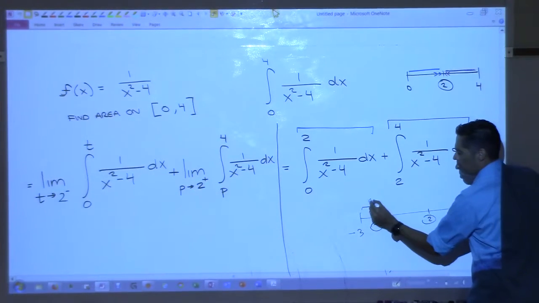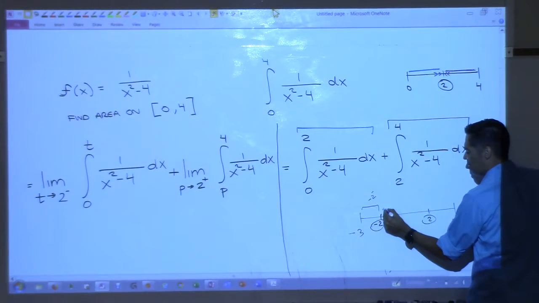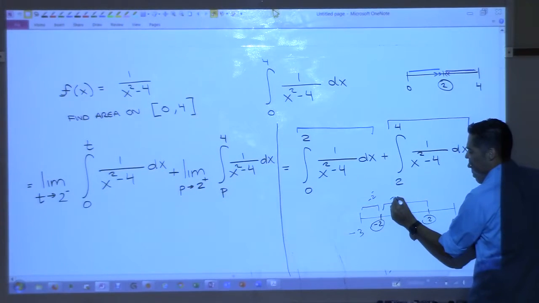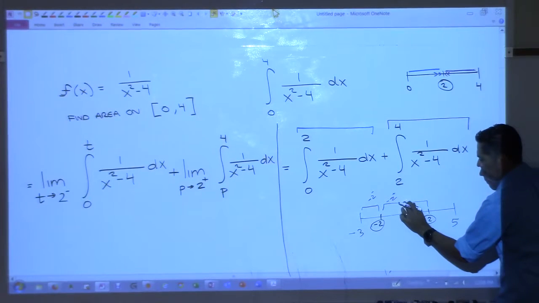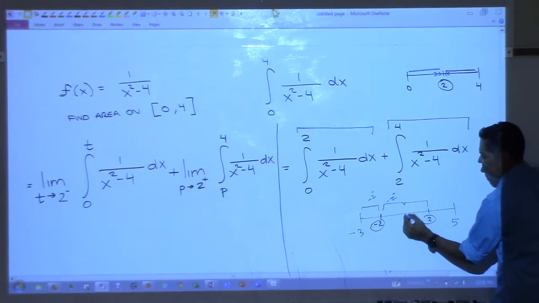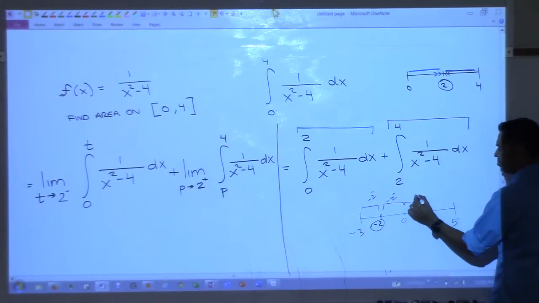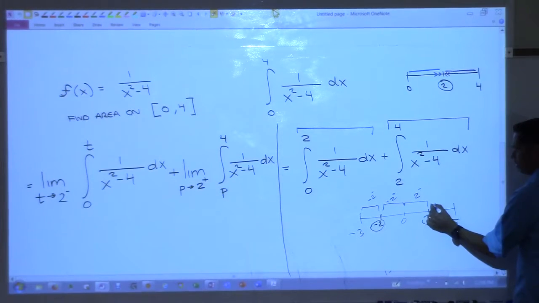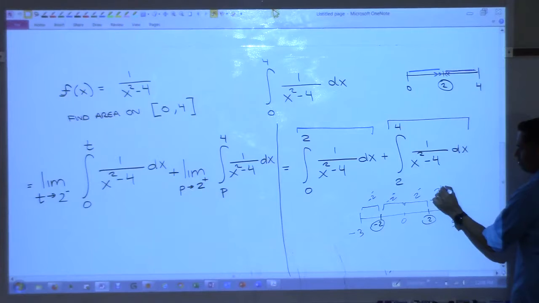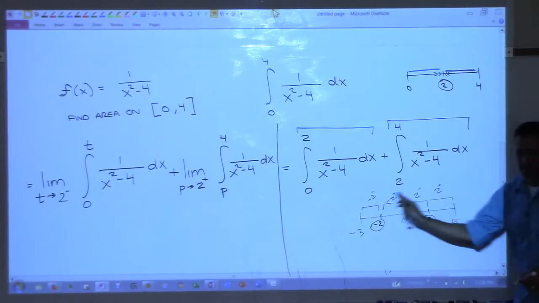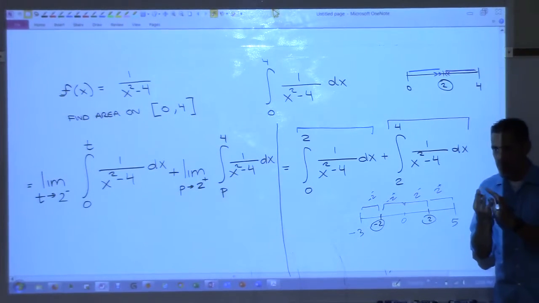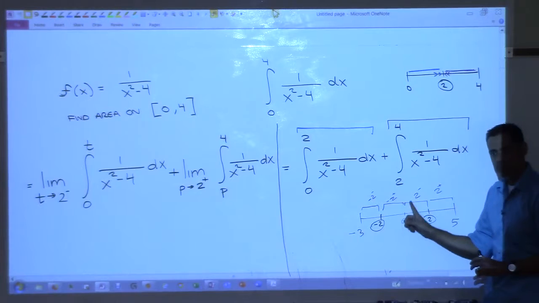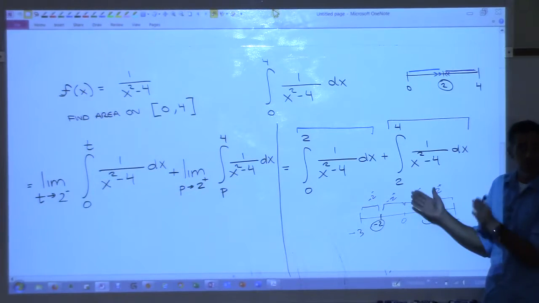And you would be approaching negative 2 from the left. You'd have to do another integral here. You'd be approaching negative 2 from the right. Oh, you know what? You have to break it, maybe at 0 or something, and then this one would go from 2 to the left, and then this one from the right. I don't know if that makes sense what I'm writing here, but that's what you would have to do. You couldn't quite do 3. I see what you said initially. You would have to break this one because these are 2 different limits from different sides, yeah.